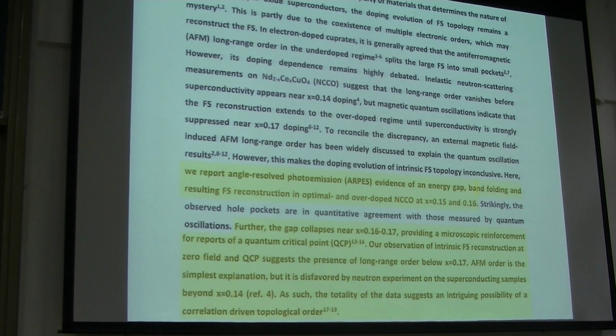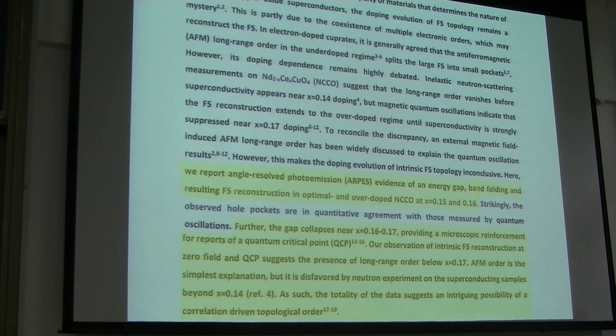And what this experiment shows is that there's this region between 0.14 and 0.17 here. Now we know from other measurements that the antiferromagnetism disappears here. And they've very carefully been measuring the Fermi surface over here, in the region where there's no longer antiferromagnetism. Their new measurements are here at 0.15, 0.16 and 0.17.